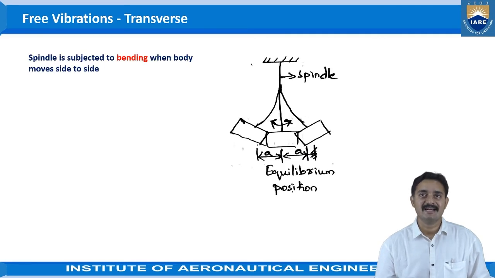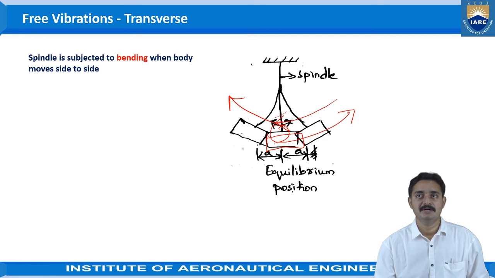Now coming to the transverse vibration, where this body is bent or pulled to one side and left. Then it will come back to its mean position and it will not stay here. It will move to the other position until here. Then again, because of the elastic property, it will come back to the mean position and go to the extreme position.